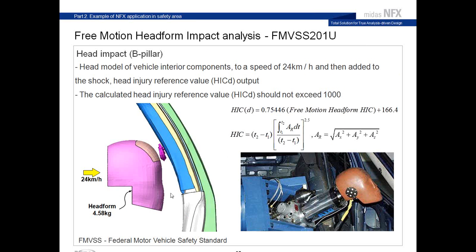And impacts are not only on this instrument panel, but can also be on other parts of the car. In this case there's another factor which is required, which is the HIC, head injury criterion value. It should not exceed 1000.